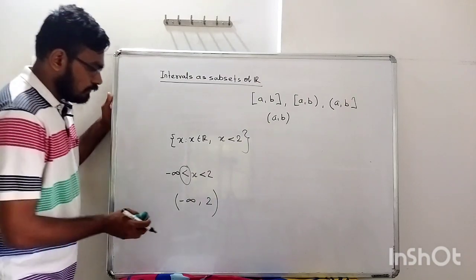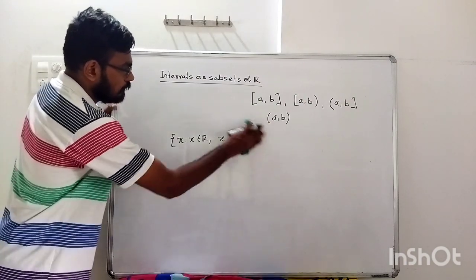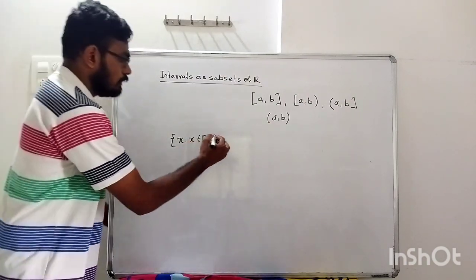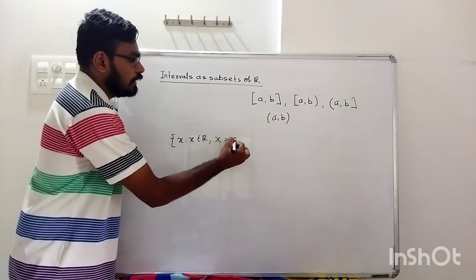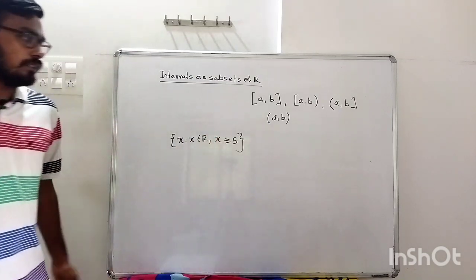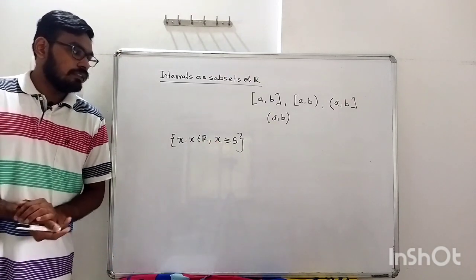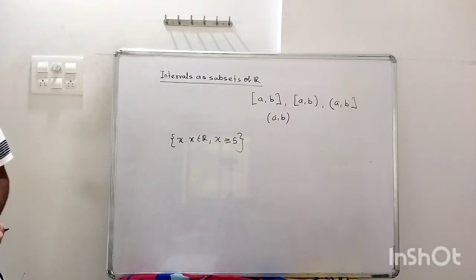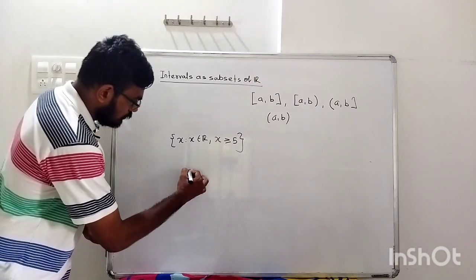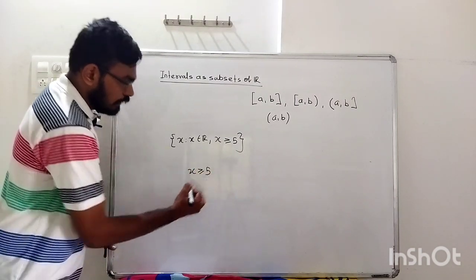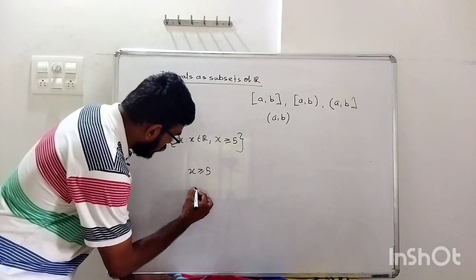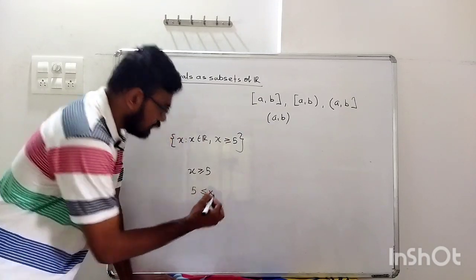Next, if I write x greater than or equal to 5, now how do we write this? See, I told you x is greater than or equal to 5. We can write this like this also, 5 is less than or equal to x, correct?